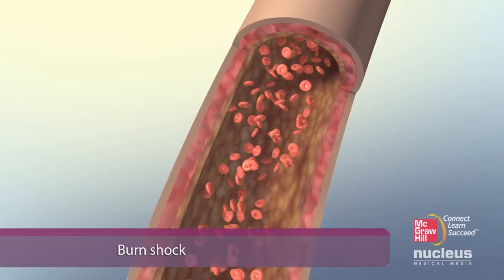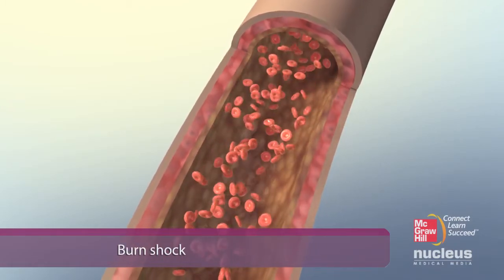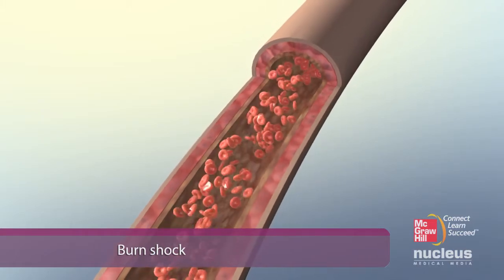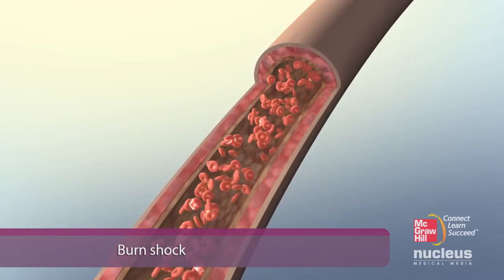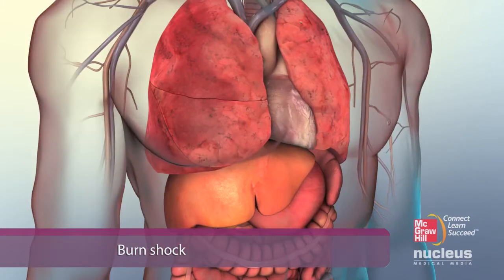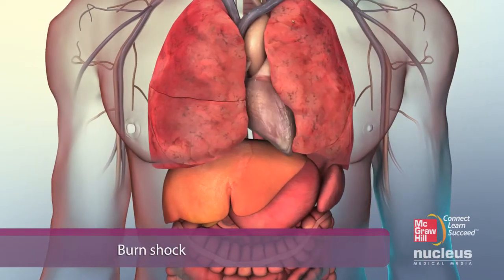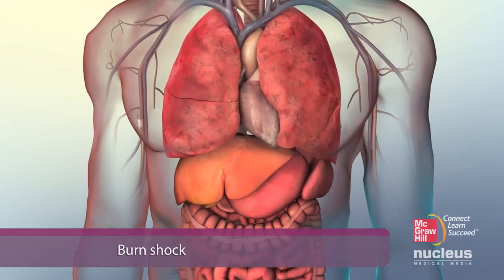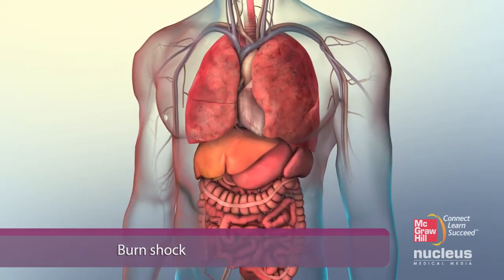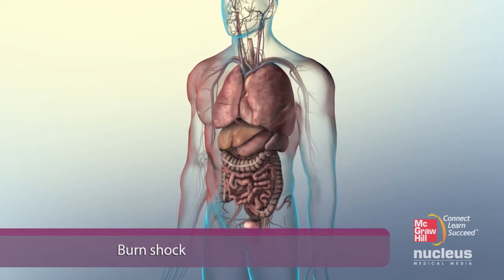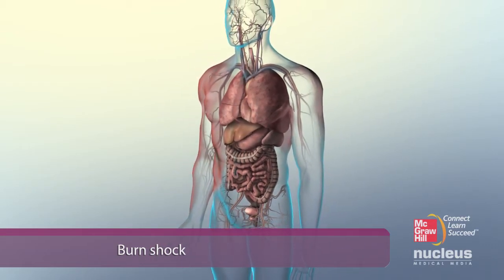In burn shock, the lowered intravascular volume increases blood viscosity and vascular resistance. To compensate, the heart rate speeds up. As a result, organs and tissues do not receive adequate blood supply, resulting in tissue and organ death from a lack of oxygen.